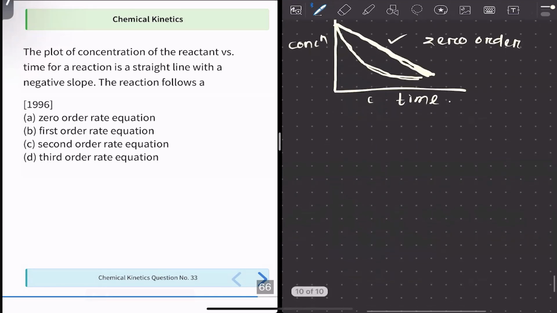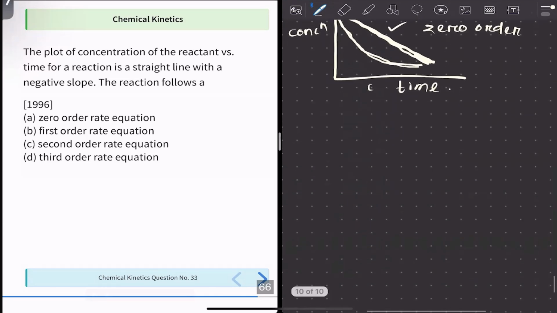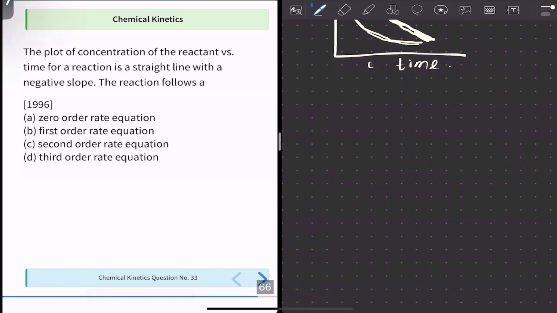If you go with mathematics, what is the rate formula of a zero order reaction? That is C naught minus C is equal to KT. That is C is equal to minus KT plus C naught.